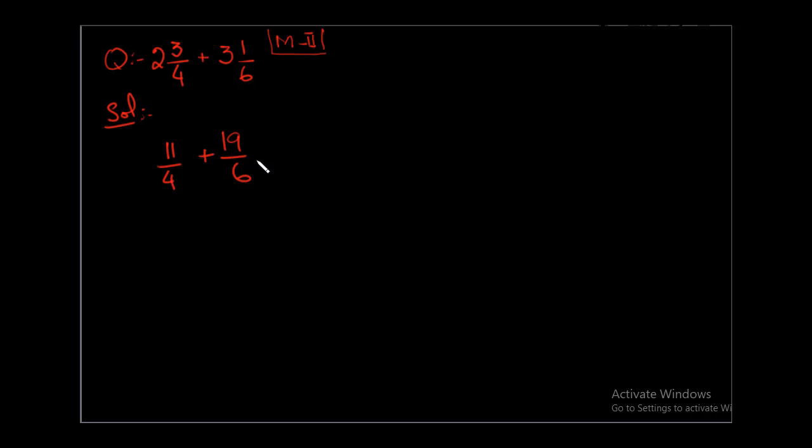In the next step, we have to make the denominators the same, and that would be the nearest number which is divisible by both numbers. So if I make the denominator equal to 12, because 4 divides 12 and 6 also divides 12, and this is the least number which is divisible by both 4 and 6.